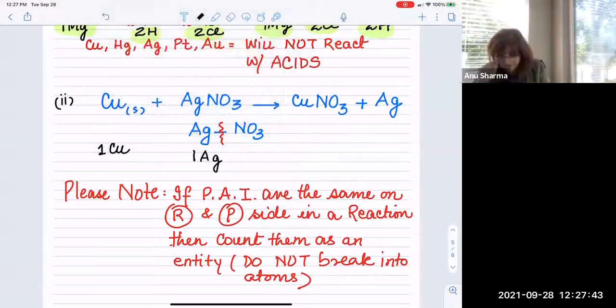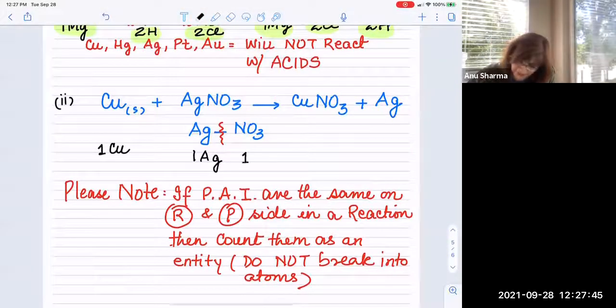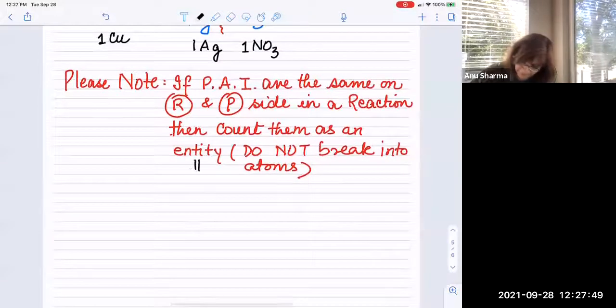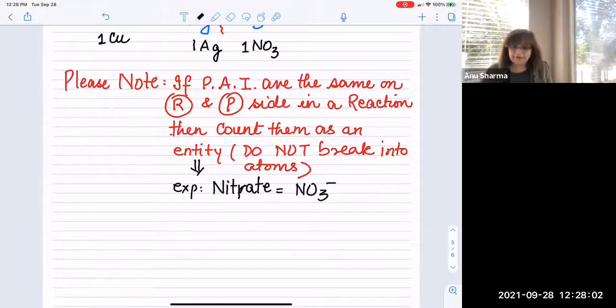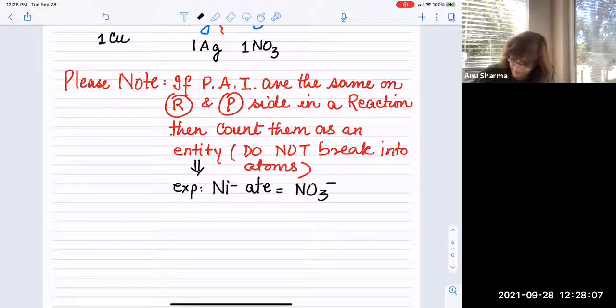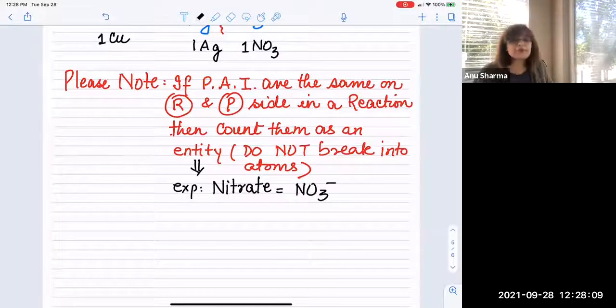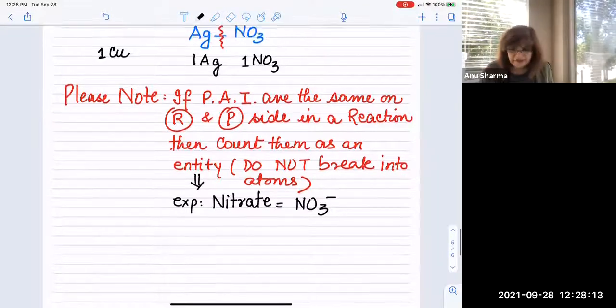So here we have silver as one and one nitrate. If nitrate is not breaking up into nitrogen and oxygen or nitrogen dioxide or something else, then just leave it as one.